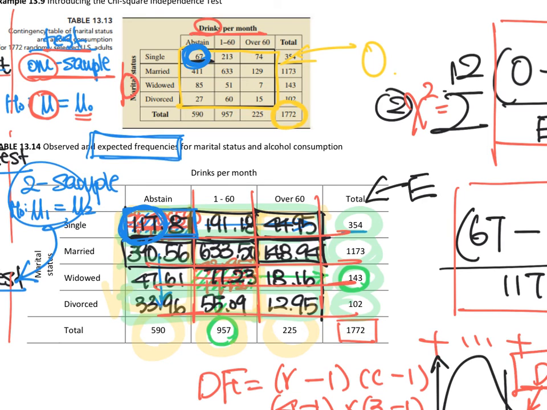But what we observed is much less. And let me take the difference. Here is 85, but here is 47.